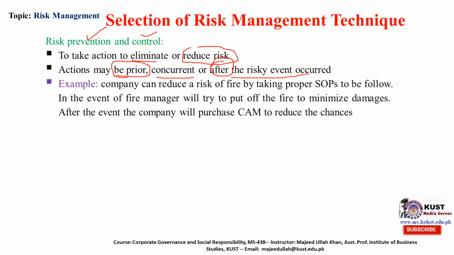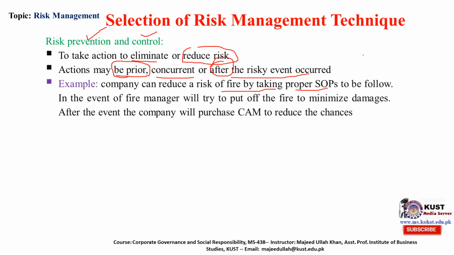For example, a company reduces the risk of fire by having proper SOPs, meaning nobody may ignite anything inside the premises of the plant. Fire extinguishers are there.